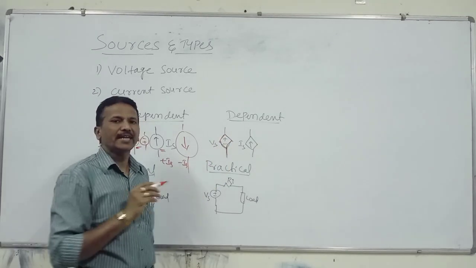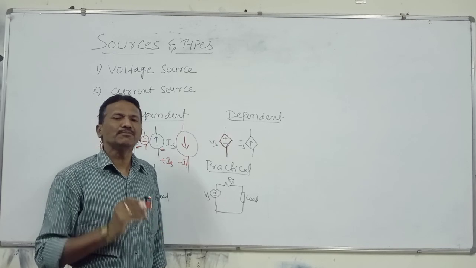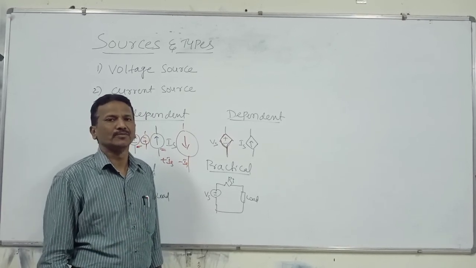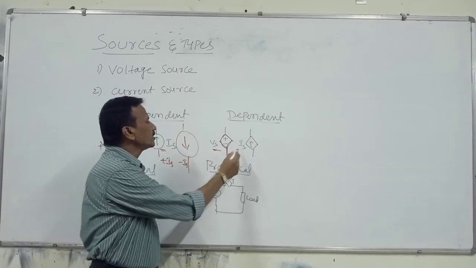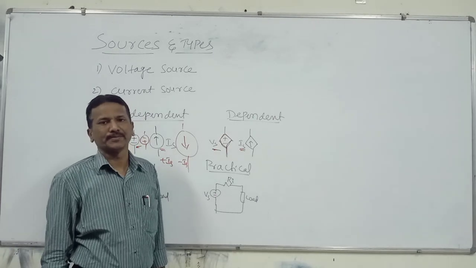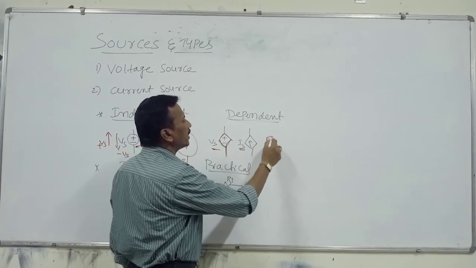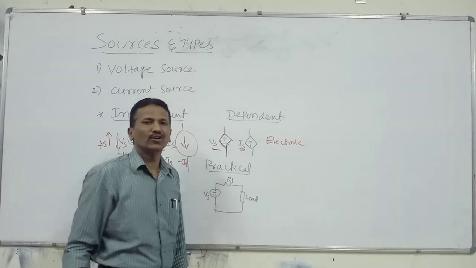The same way, how to identify a dependent source? With respect to the diamond shape. The diamond shape indicates the dependent sources, in terms of voltage source as well as current source. Symbolically we can show the voltage source and the current source. Normally these dependent sources are used in electronic devices, in electronic circuits.